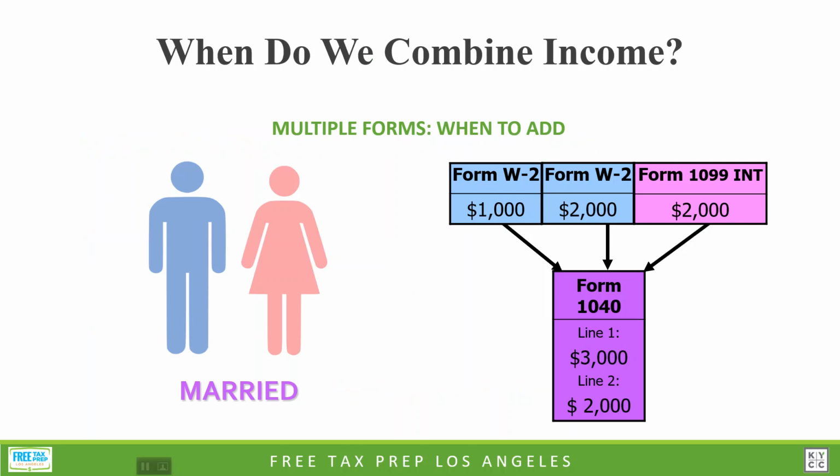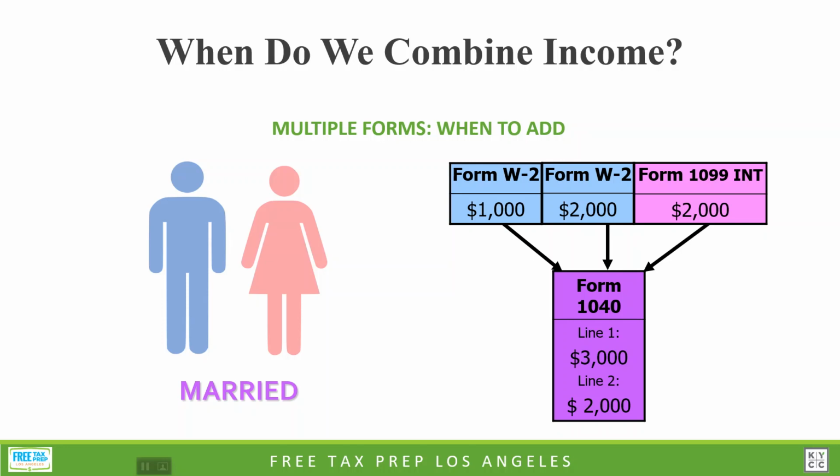And when do we combine income? Well, most of the time we combine income when the taxpayers are legally married, filing a joint return. If both taxpayers have income, they may come to you with multiple forms. For example, as we can see here, maybe the husband has two W-2 forms, but the wife has only a 1099 interest form.